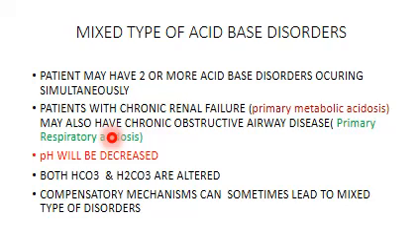This patient may also have chronic obstructive airway disease, and so the patient may have respiratory acidosis. So pH will be decreased, but bicarbonate and carbonic acid levels may be altered. Certain compensatory mechanisms can also sometimes lead to mixed type of disorders.